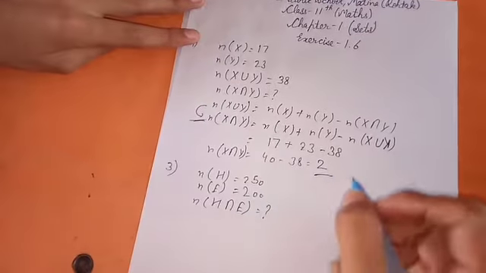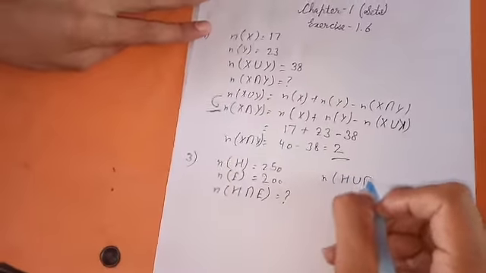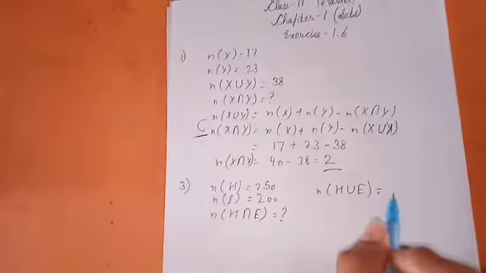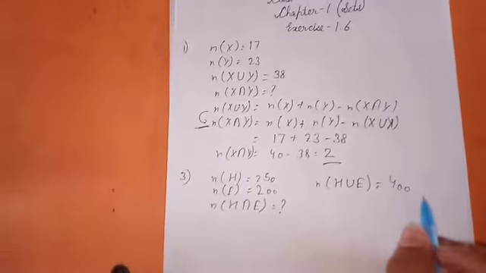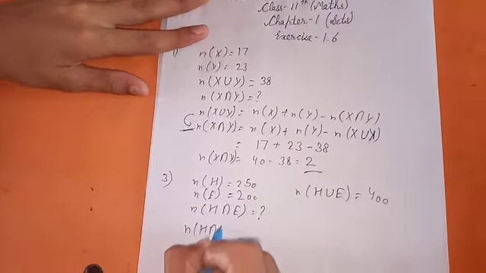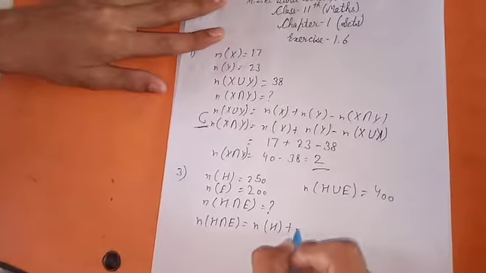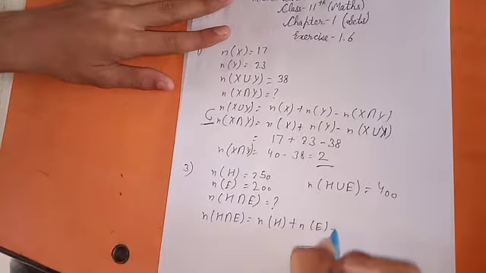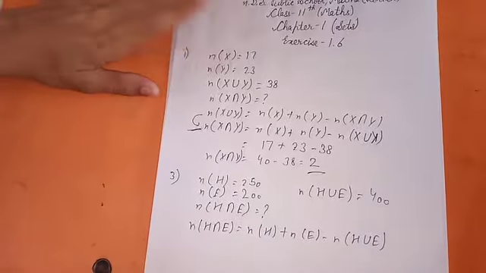One more thing that they have given to us is n(H ∪ E), that is, the total number of people in that group, which is 400. So again using the formula, n(H ∩ E) is equal to n(H) plus n(E) minus n(H ∪ E).